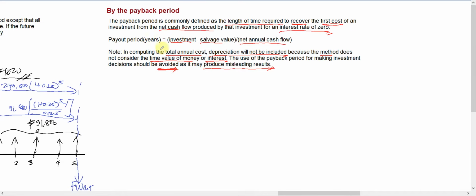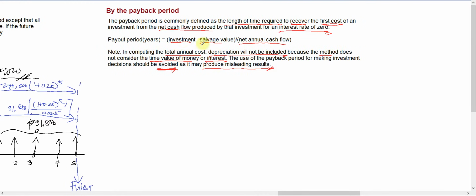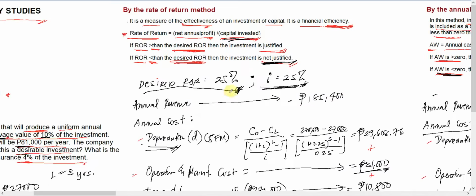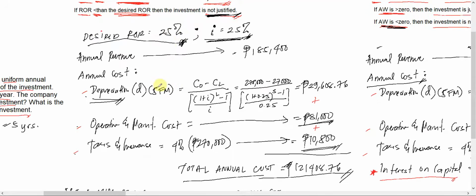Again, payout period is investment minus salvage value. Meron na tayong given yan. Ang kailangan natin yung net annual cash flow. So, copy lang natin actually yung sa rate of return ulit. Yung annual revenue hanggang dito.